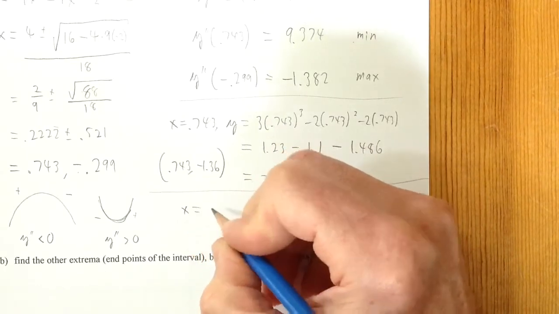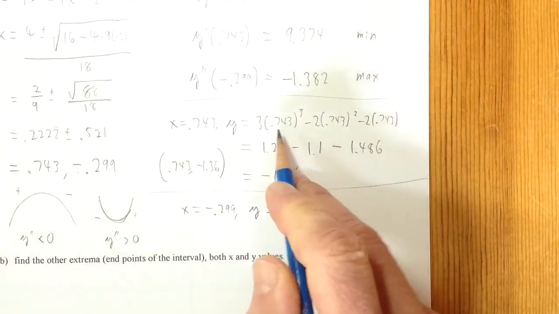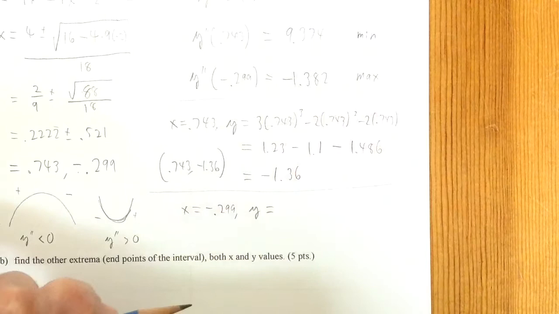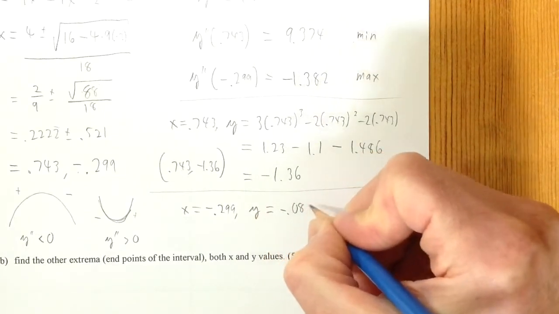So y then, I'm just going to plug that in the same way, plugging 0.299 here and cubing it and all that kind of stuff. Times 3. Oh, did I multiply by 3? Yeah, I had to. Let me do that again. It's a lot of calculator work. The x cubed term times 3 equals negative 0.08.